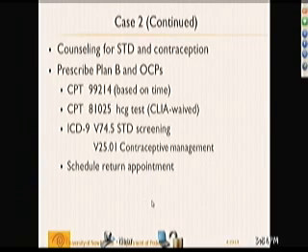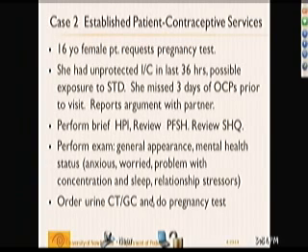Generally, if this would have just been, we're going to make sure that you don't have an STI, and here's Plan B, that probably would have been a 99212.